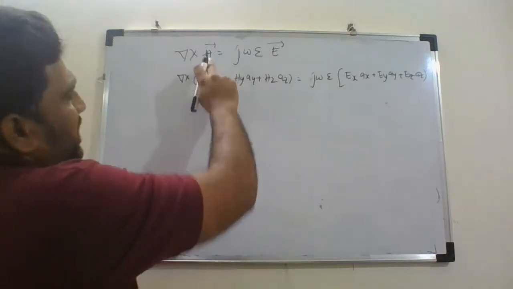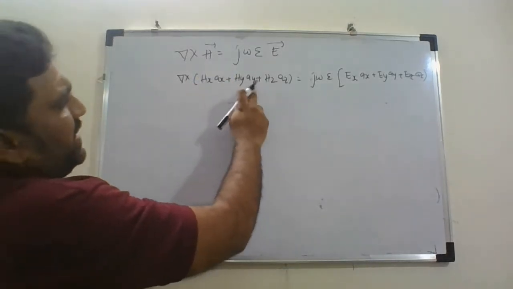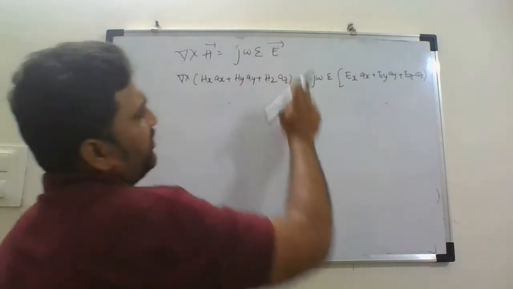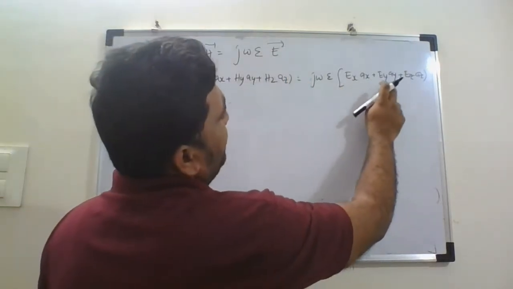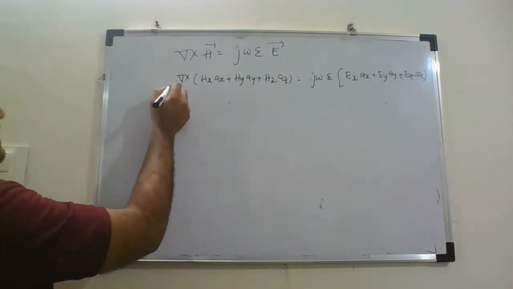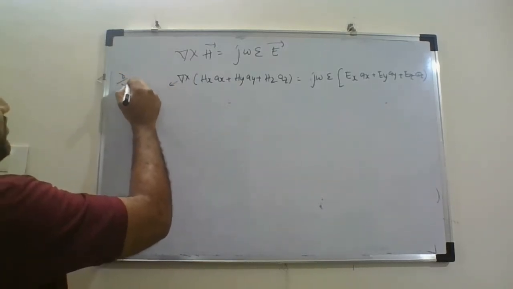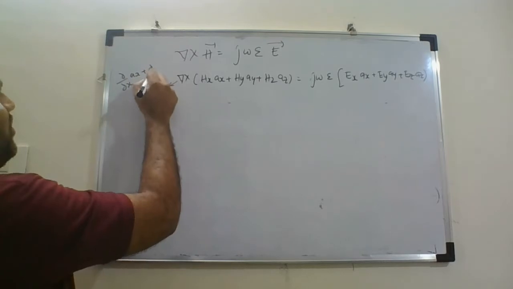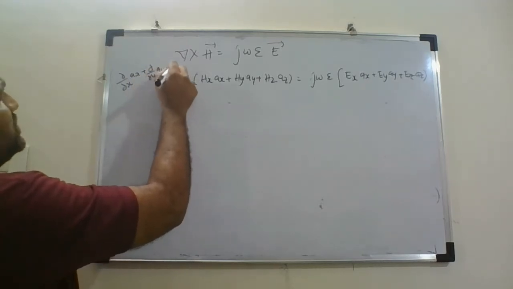Instead of H bar, I have written HxAx, HyAy, HzAz, and instead of E bar, I have written ExAx, EyAy, EzAz. Now, del is ∂/∂x of Ax, ∂/∂y of Ay, plus ∂/∂z of Az.